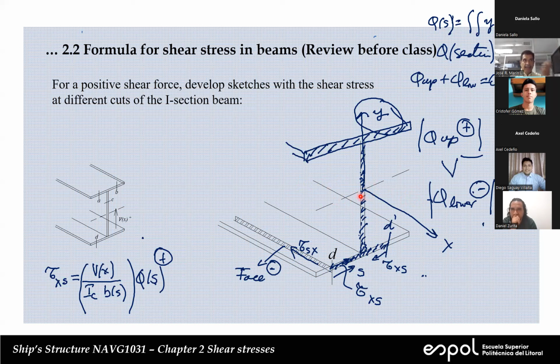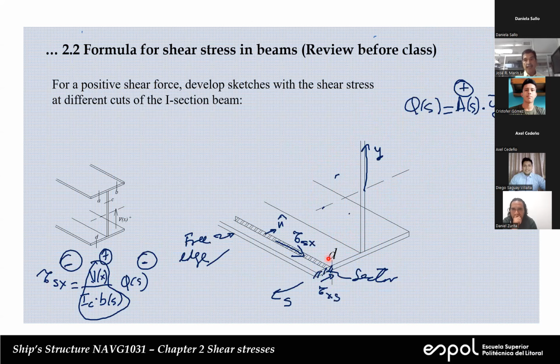So we can take advantage of that. If we integrate Q over the whole section, it will give us zero. So this little piece is the same as the integration for the whole thing, or this cross area, which is much larger, to complete the integration with the negative sign. So that's very useful.